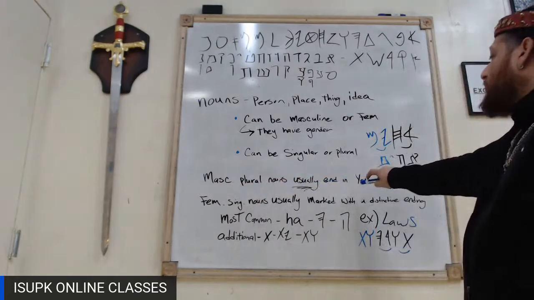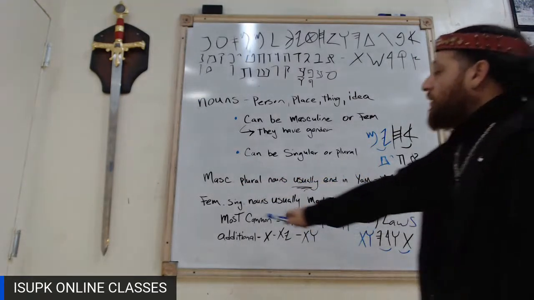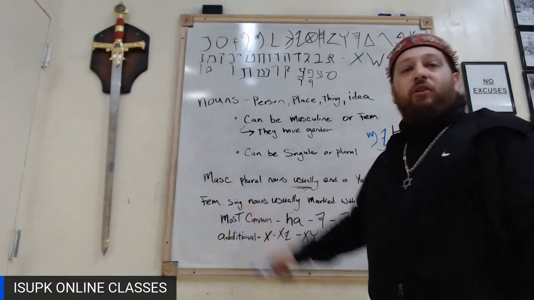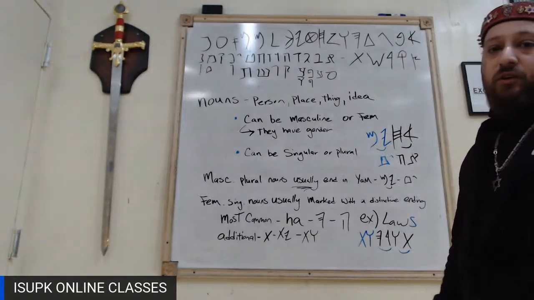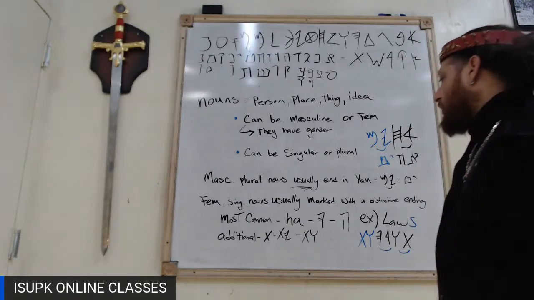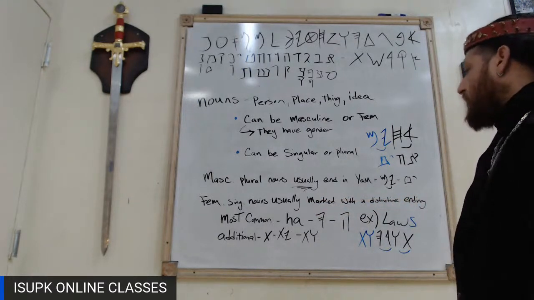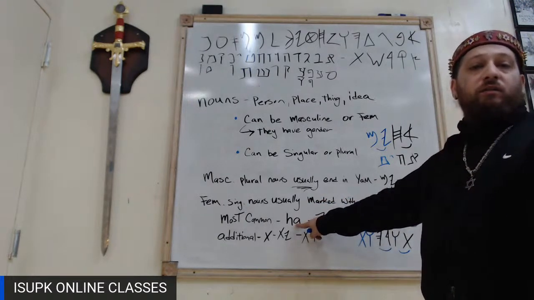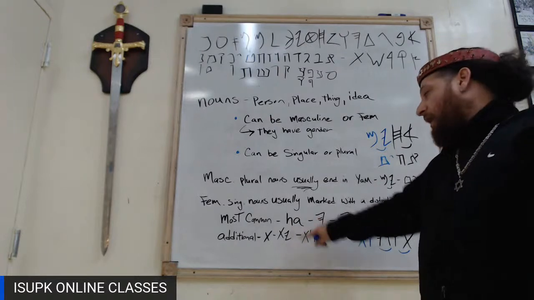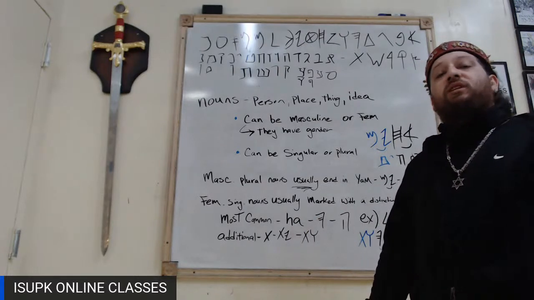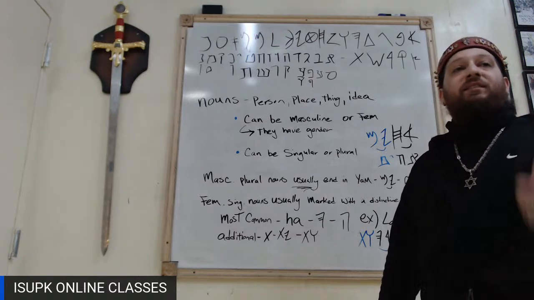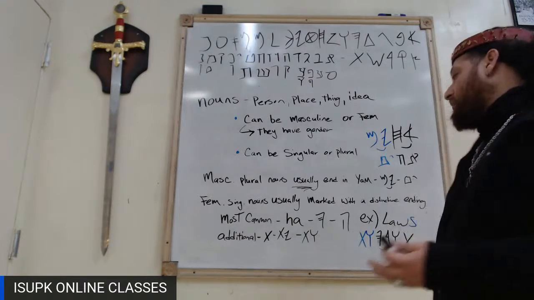So now, masculine plural nouns usually end in yim. Feminine singular nouns, meaning when the word is singular, it's not multiple, we're only speaking about one, are usually marked with a distinctive ending. So, for example, hey. You understand? Hey usually signifies, once again, you see me saying usually because there are exceptions to the rules, like there are in any language.